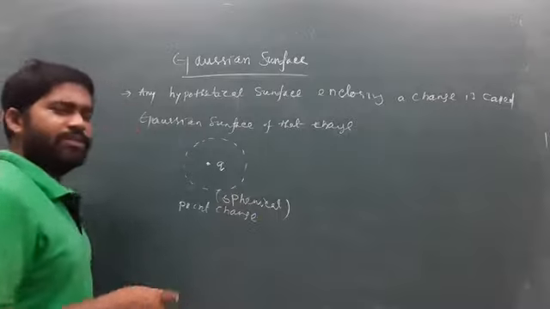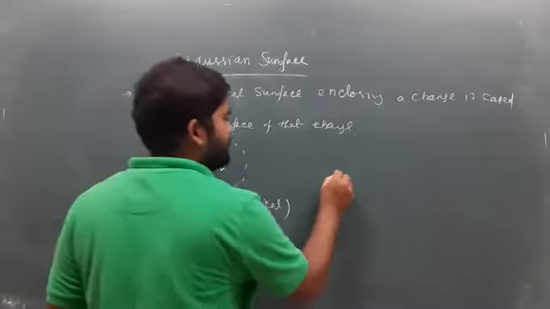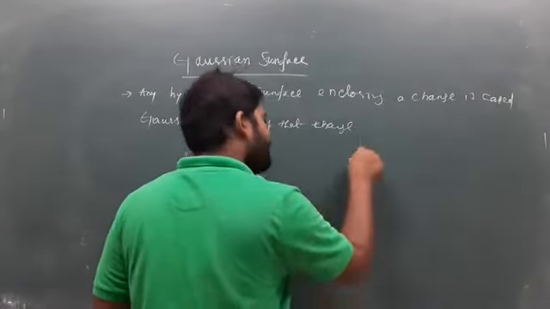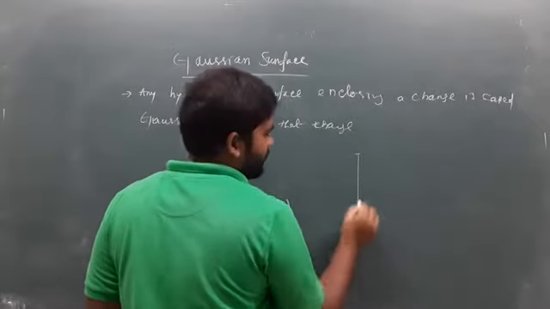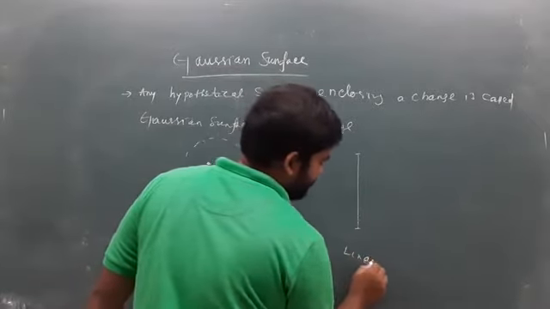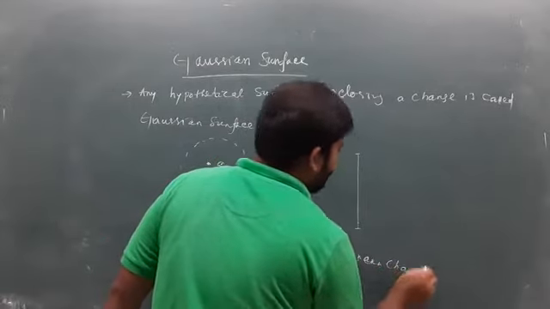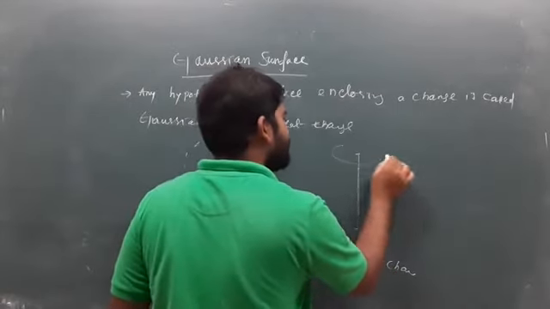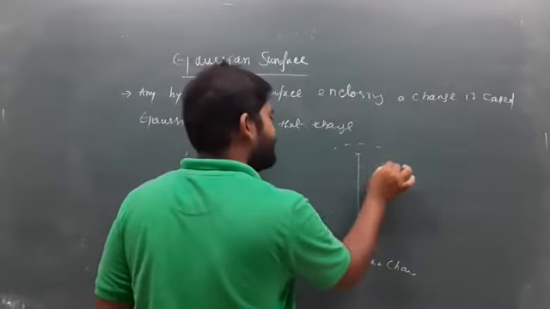What is the Gaussian surface for a line charge? If I consider a line charge, that is the linear charge, then for a linear charge the Gaussian surface is cylindrical.